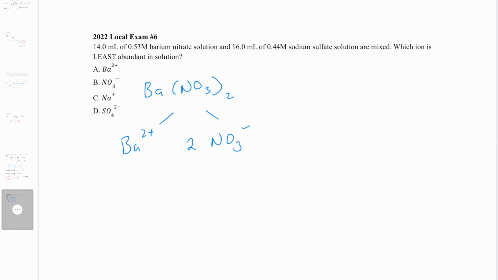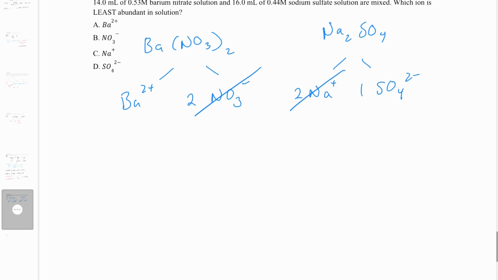What this means is that nitrate obviously can't be the least abundant, because if nitrate were the least abundant, then barium has to be less than it. So that doesn't make sense. And the sodium sulfate, that's Na2SO4, that's getting split up into 2 sodium ions and 1 sulfate ion. So it obviously can't be the sodium. It's just between our barium and our sulfate. So it can't be B or C.